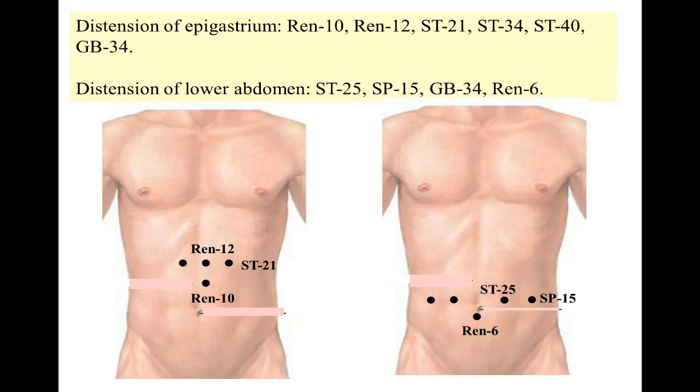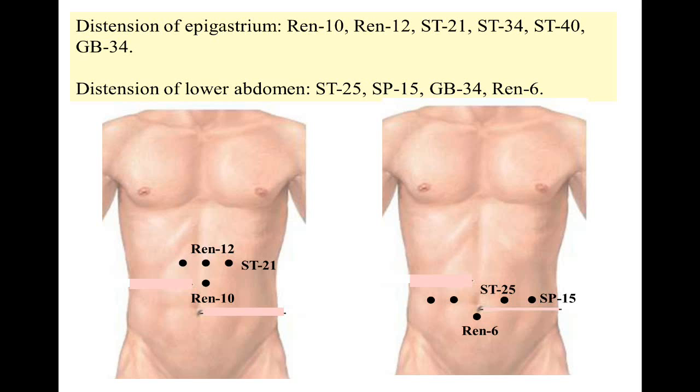Or also for irritable bowel problems, when a person has an alternation of loose stools and constipation, which is incredibly common. So stomach 25 is good for loose stools or diarrhea, and spleen 15 is good to stimulate the bowel movements. So I often use those two together to regulate the bowel movements.